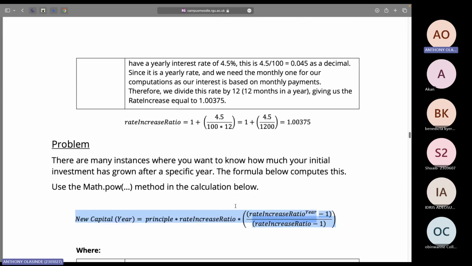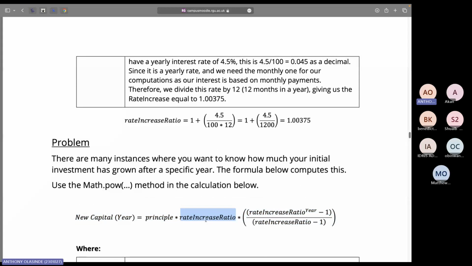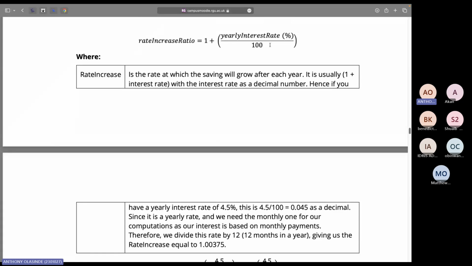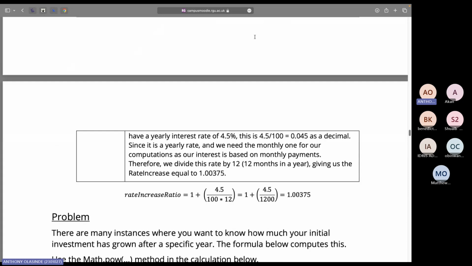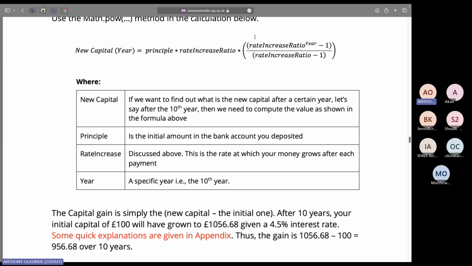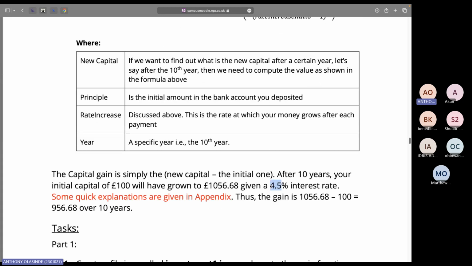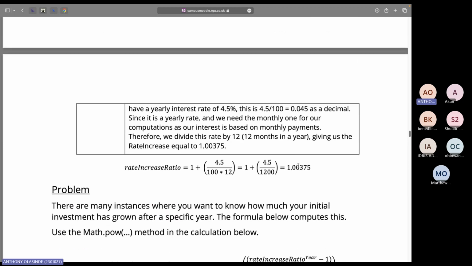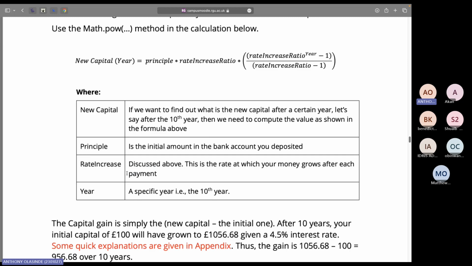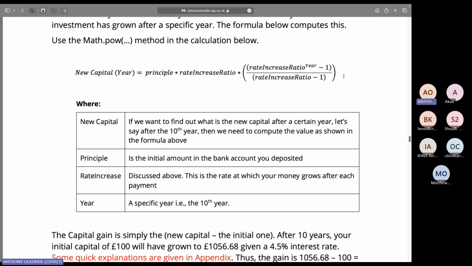So this rate increase ratio is just calculated using this formula. The yearly increase, which in our case the problem says is 4.5%. So all we need to do is the same thing that was done here, and we get the rate increase ratio.